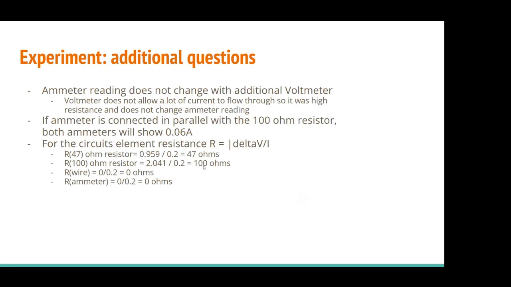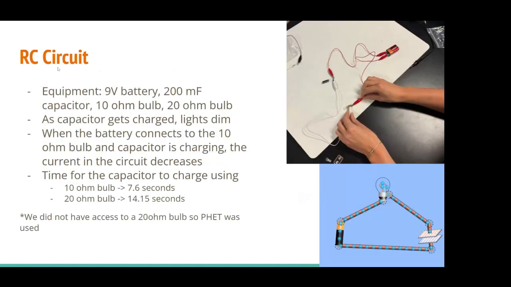These are the right answers, and this as well. These are the resistances, which would make sense because the wire and the ammeter should not have much resistance, while the resistors should have the amount assigned to them. It's just checking. Then the circuit that we did in lab, and then the simulated one that I did to make sure the data was correct, because we really struggled getting this to work.